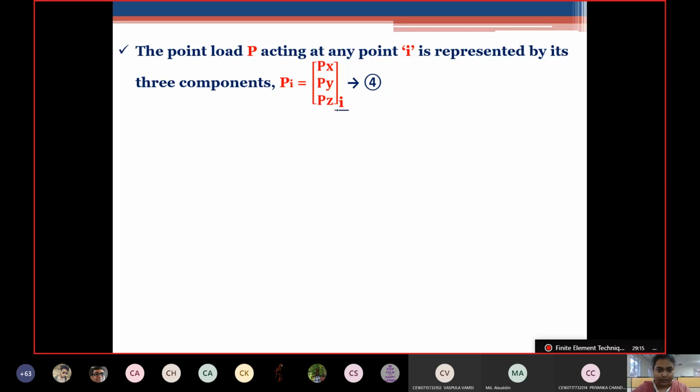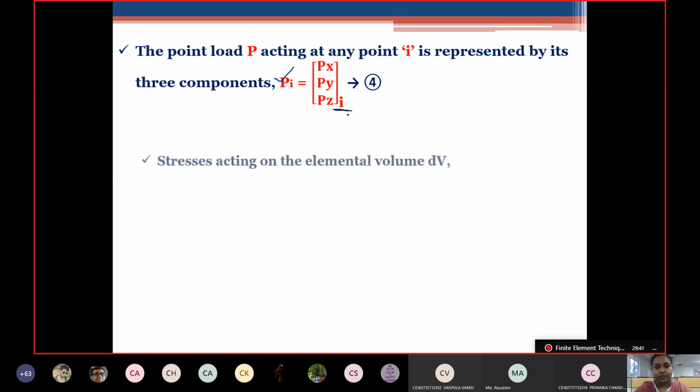We have to remember this one. Wherever the point load acts, this will be applicable at that point alone, not for the other points. That is because the whole surface is taking that load, but there is one specific point that is affected more due to that point load. So for that reason, we are specifying where that point is.